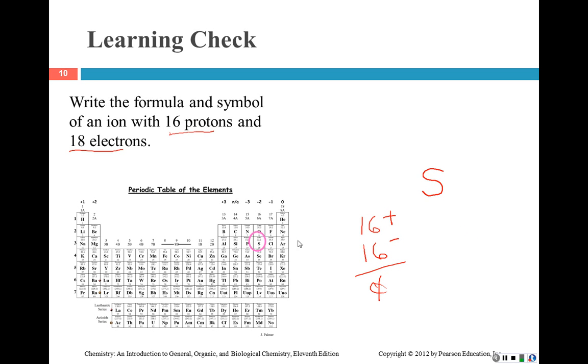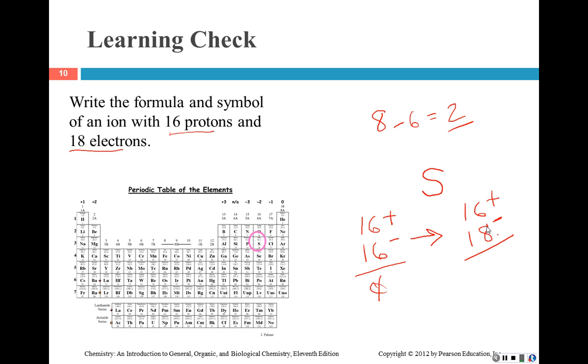Okay, but we know it's in 6A. All right, it has 6 valence electrons, so it needs how many to get 8? 8 minus 6 equals 2. All right, so it is going to what? Gain 2 electrons, which will now leave it with 16 protons and 18 electrons.